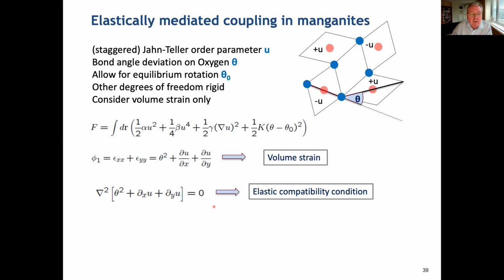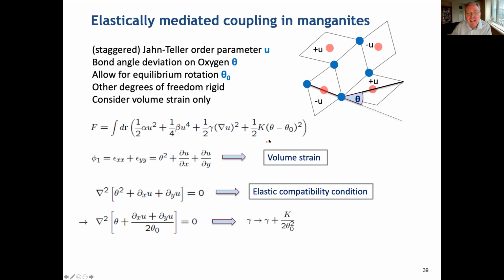So notice that that's a constraint in how the gradients of the order parameter can vary, associated with spatial variations of the angle. Let me simplify that a little bit by linearizing in theta around theta 0. And after I've linearized, then fluctuations in theta about theta 0 go with gradients in here.